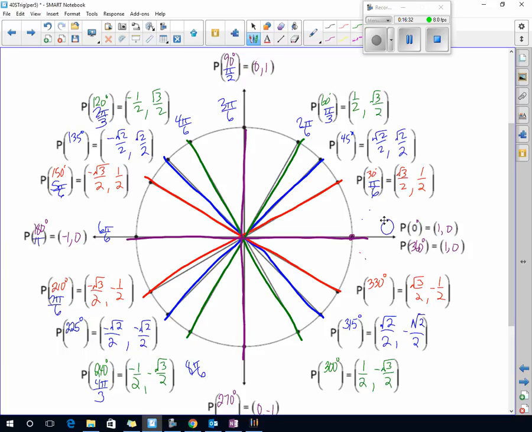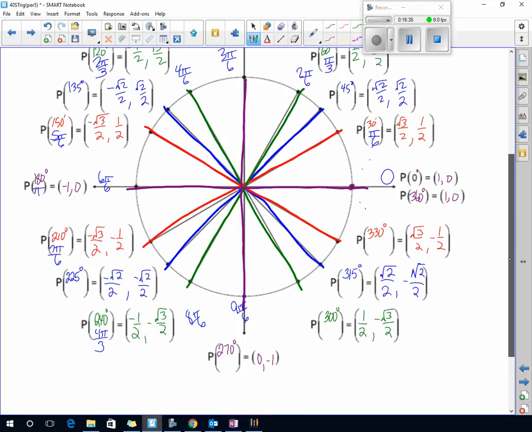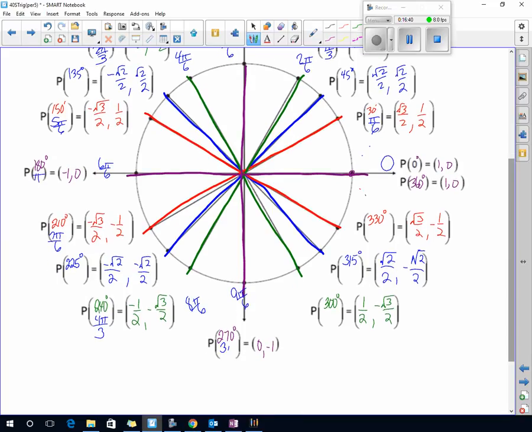I travel another pi over 6, I'm at 10 pi over 6, which reduces to 5 pi over 3. Again, traveling another pi over 6, I'm at 11 pi over 6, which is in reduced form. I travel another pi over 6, I'm at 12 pi over 6, or 2 pi.